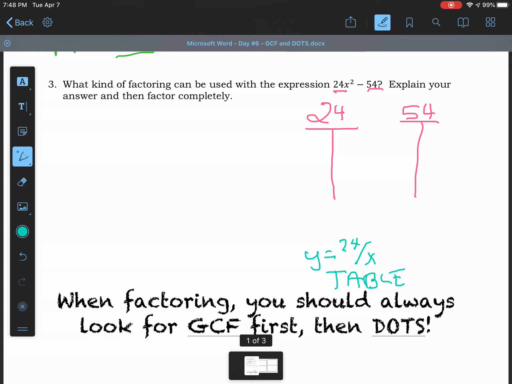So our factors of 24 are 1 and 24, 2 and 12, 3 and 8, and 4 and 6. Okay? Our factors of 54 are 1 and 54, 2 and 27, 3 and 18, and 6 and 9. Okay?